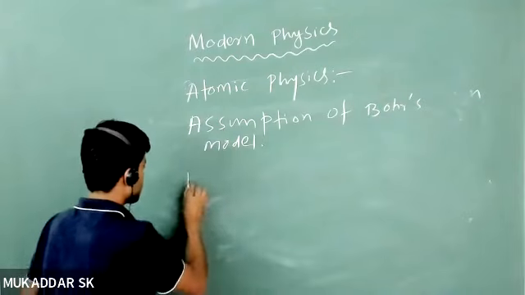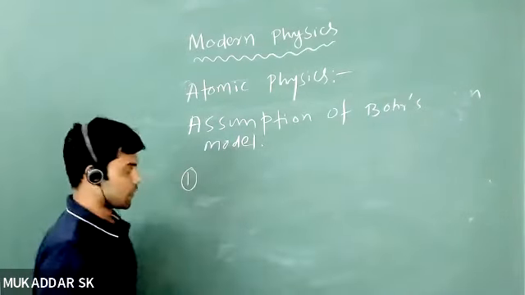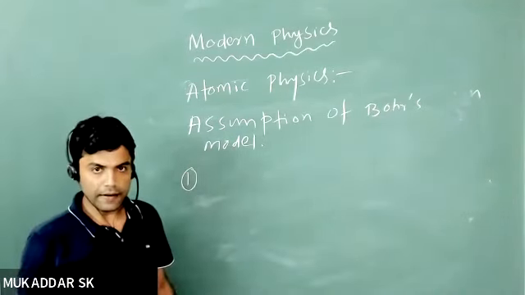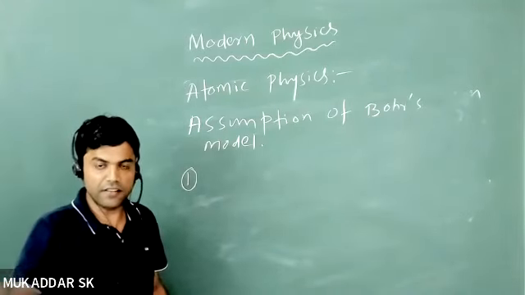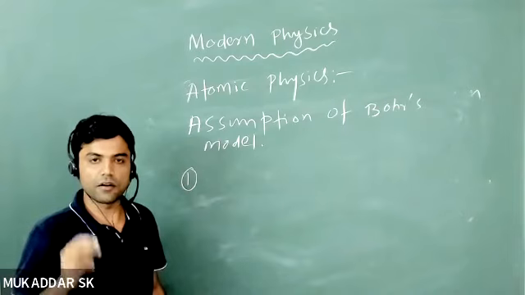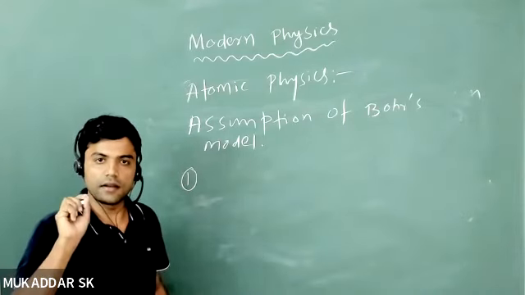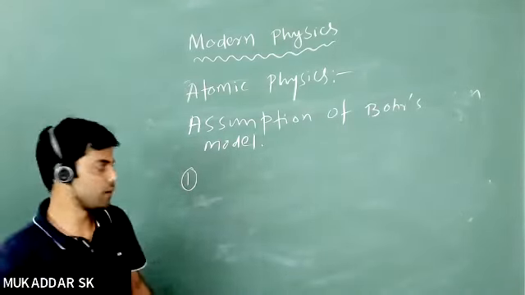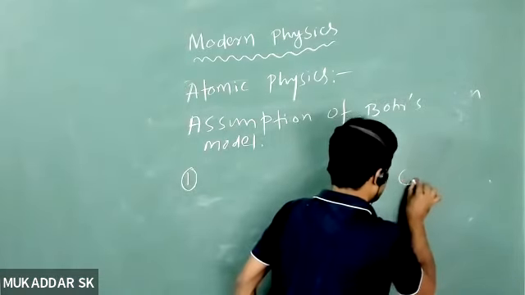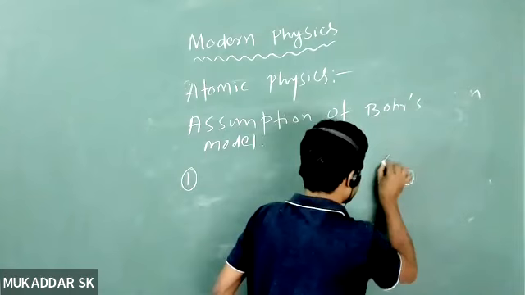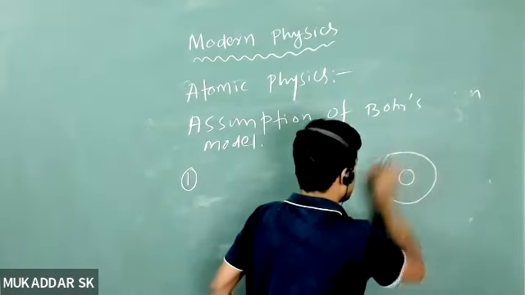First assumption is the electron rotating or revolving around that nucleus in a fixed orbit. Fixed orbit means that the electron's orbit is stable.